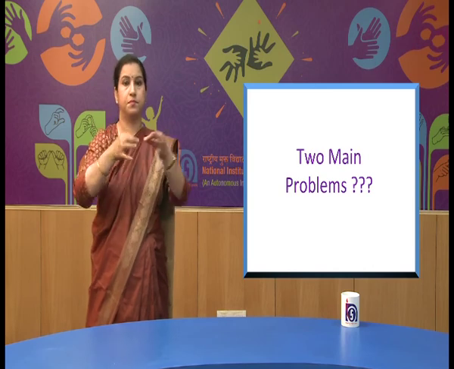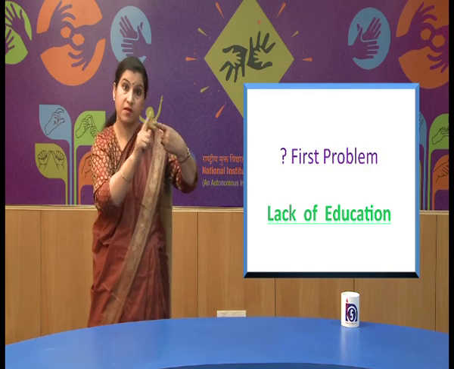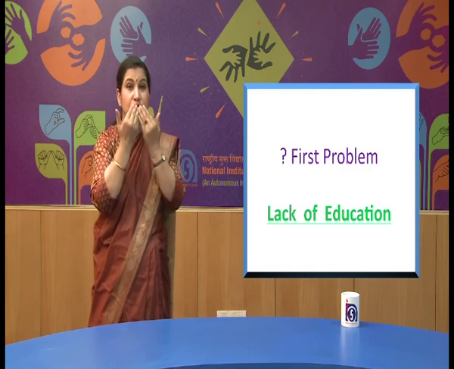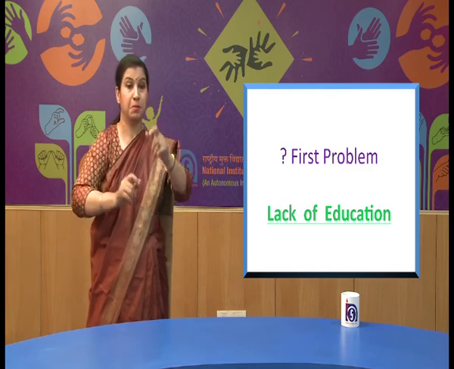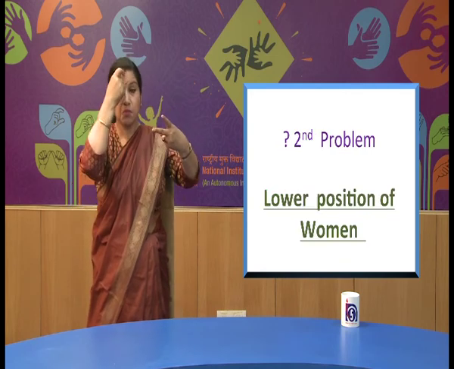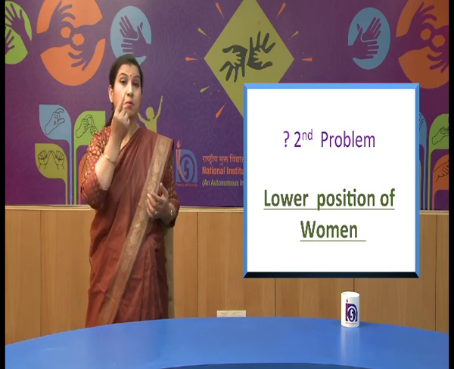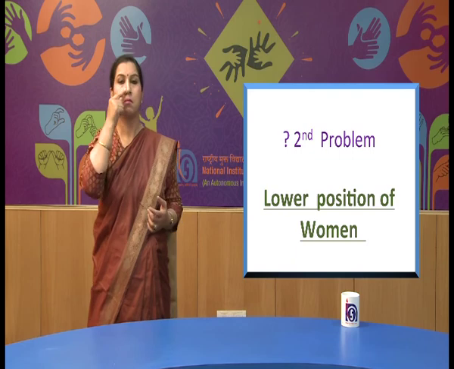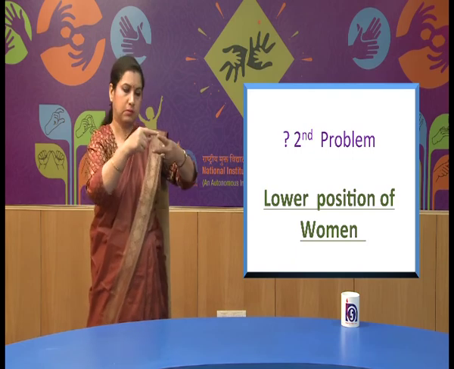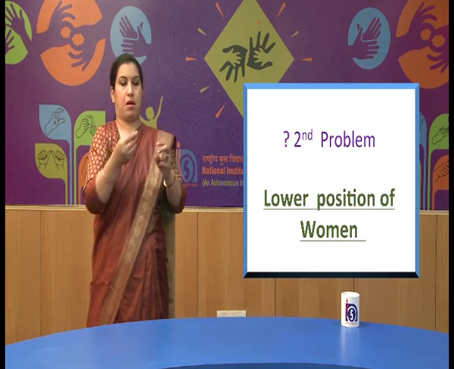Let me tell you. The first problem was lack of education. And the second problem was lower position of women as compared to men. Now let us discuss them one by one in detail so that we can understand this in a better way.